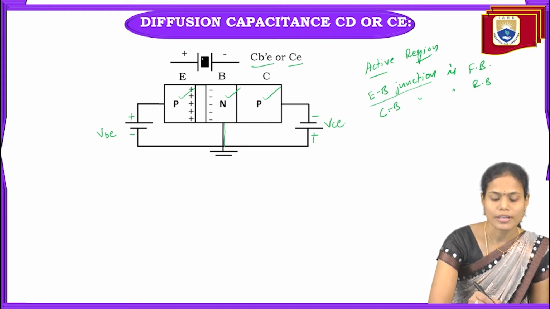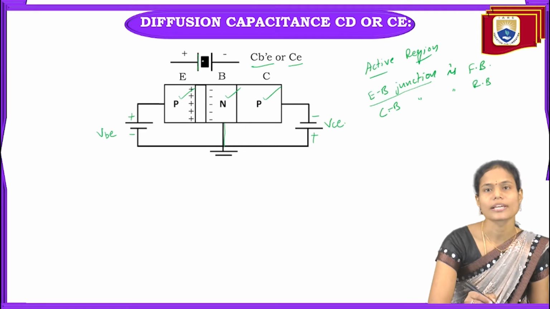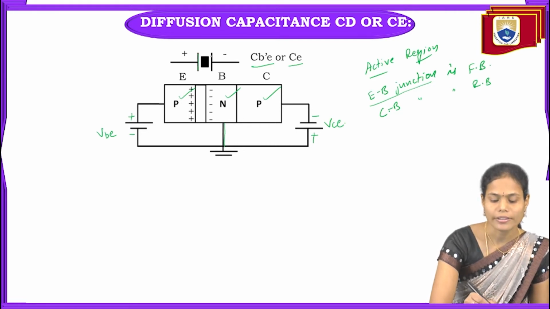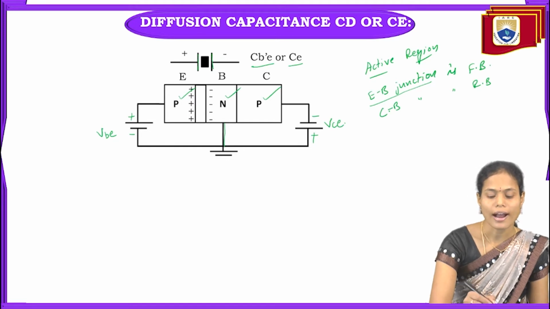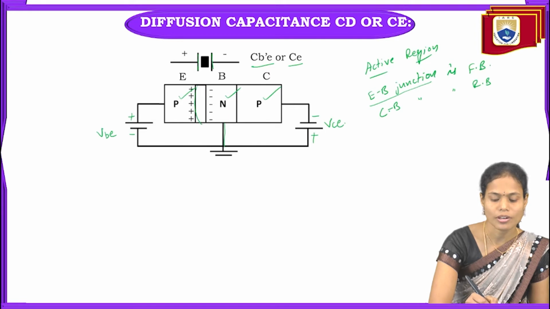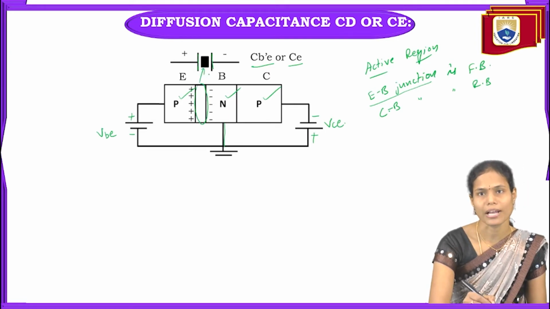Here the emitter terminal acts like one plate of the capacitor and the base terminal acts like one more plate of the capacitor, and in between, the junction acts like a dielectric medium of that capacitor.